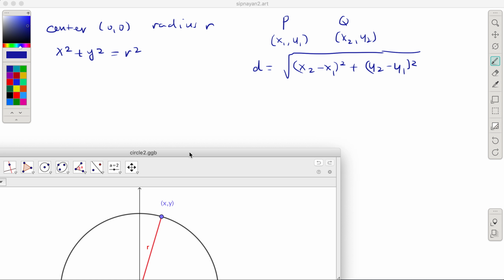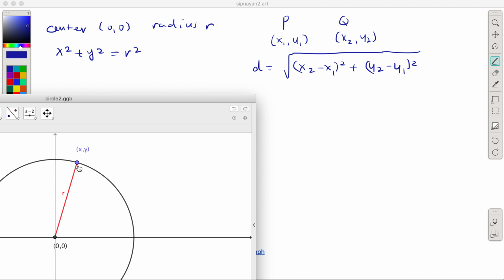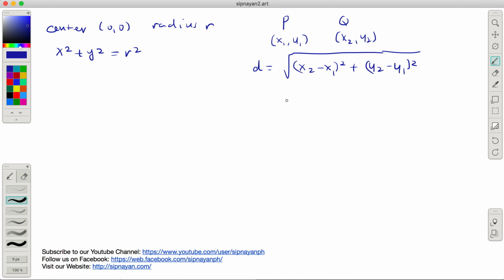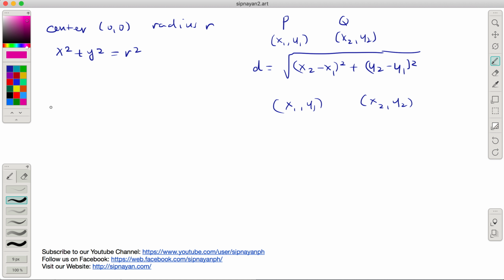Suppose we have two ordered pairs. We can let one point be (x sub 1, y sub 1) and the other (x sub 2, y sub 2). For (x sub 1, y sub 1), we can use (0, 0).